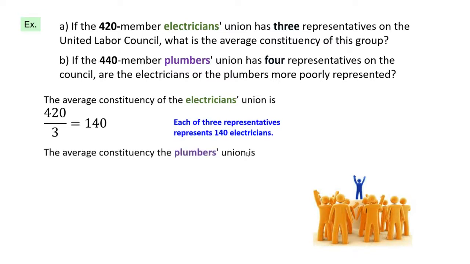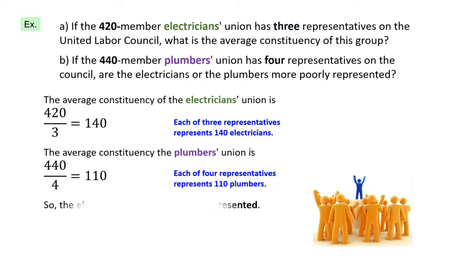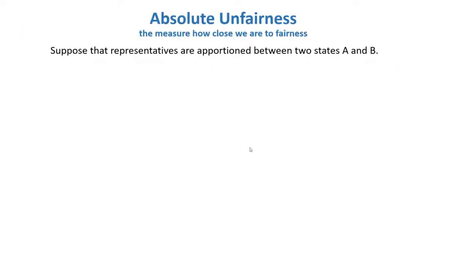For plumbers, we take the population 440 and divide by the number of representatives and get the average constituency 110. So each of 4 representatives represents 110 plumbers. And you see that 140 is greater than 110, so electricians are more poorly represented.